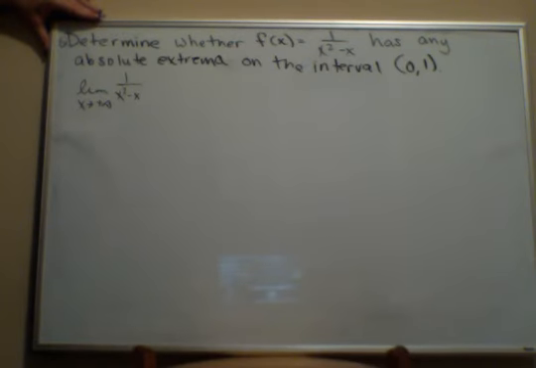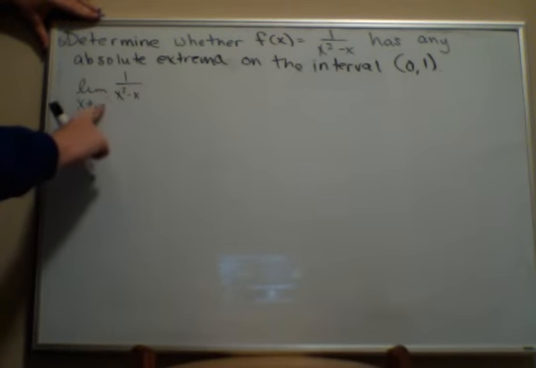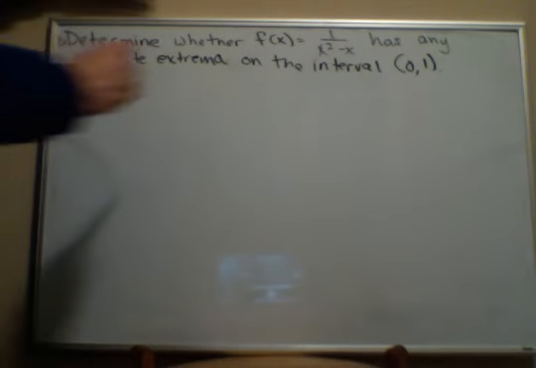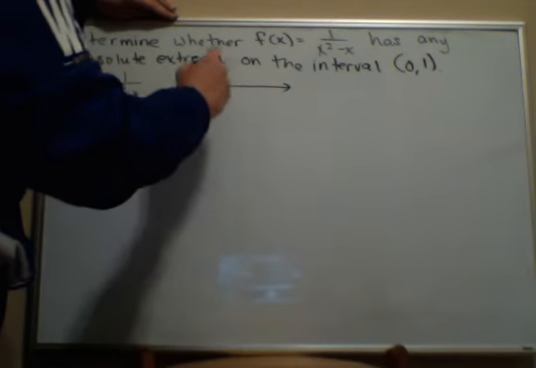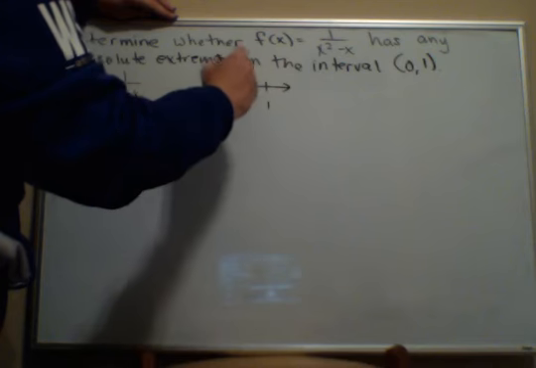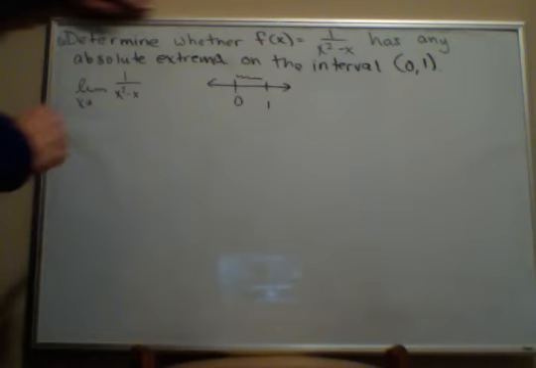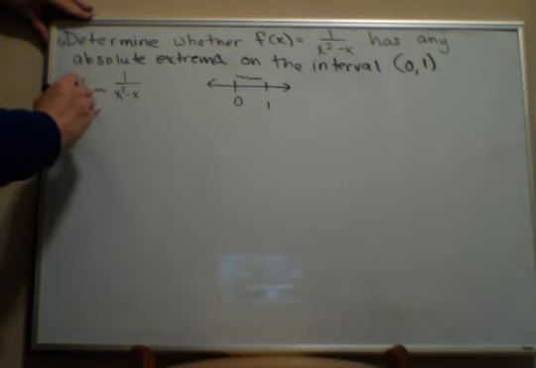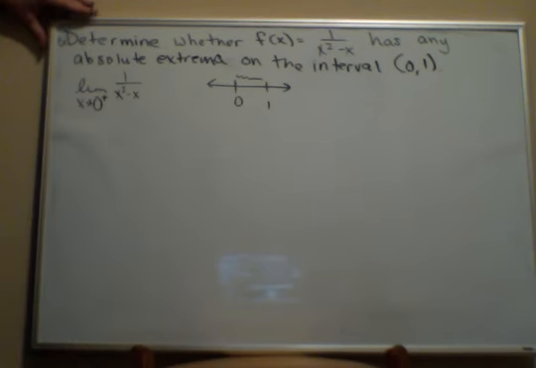Oh, no, I'm sorry, we're not going to look at infinity because we don't want to know anything about that interval on infinity. We want to know the interval from 0 to 1. So again, if I think about a number line, I have 0 and I have 1, and I'm wanting to find out what's happening in the middle here. I'm actually wanting to find out what's the limit as x approaches 0 from the right. Okay, as x approaches 0 from the right.